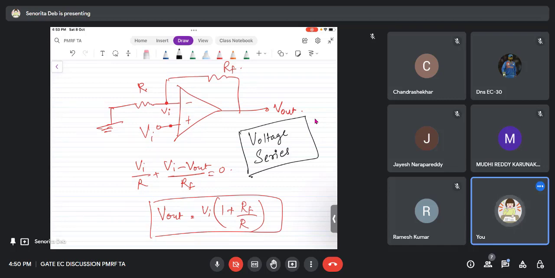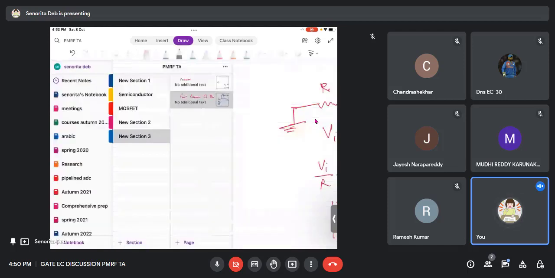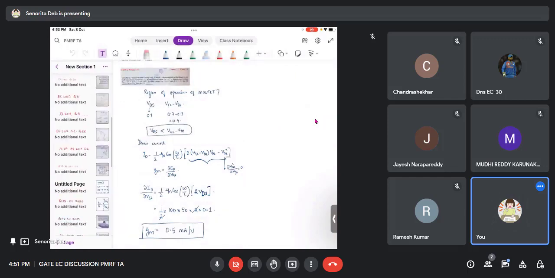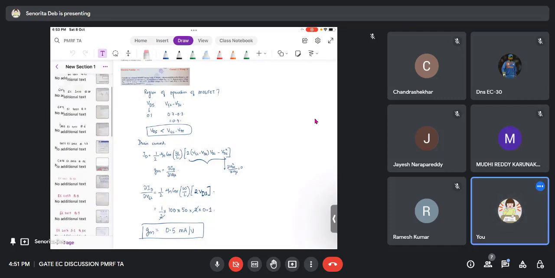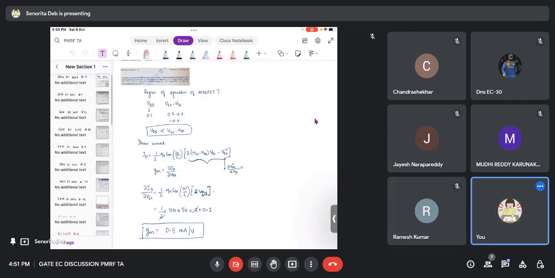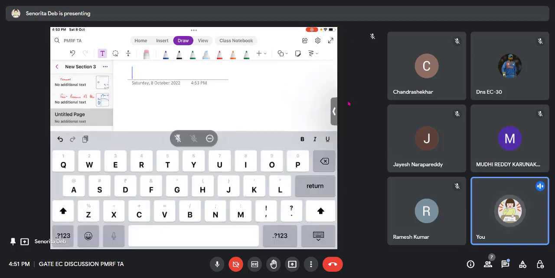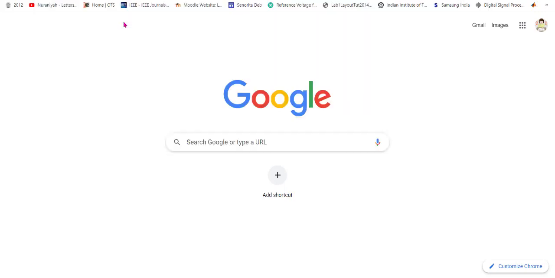Okay, let me find whatever question you are saying. 2022 you are saying, right? Let me see if I have solved any of these, because I have solved a lot of questions for the GATE papers. I don't think I have solved this. Can you tell me the question number, Chandrasekhar, if you have the GATE 2022 question paper? Yes, ma'am.